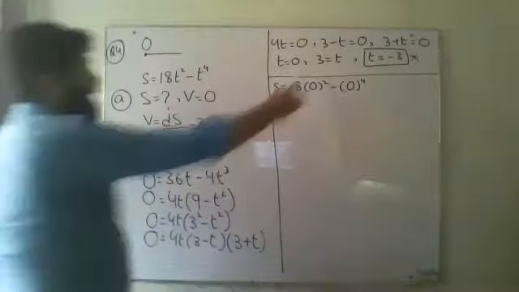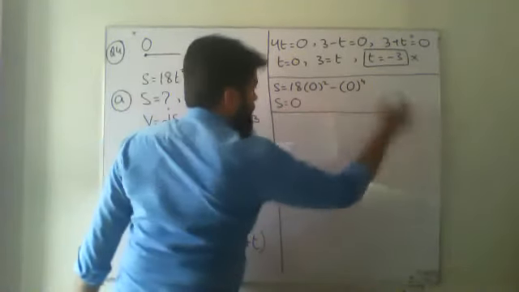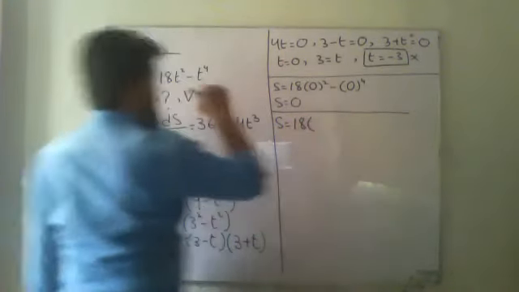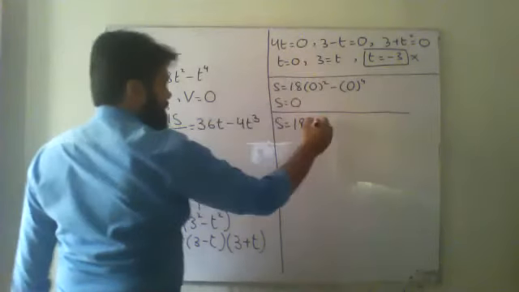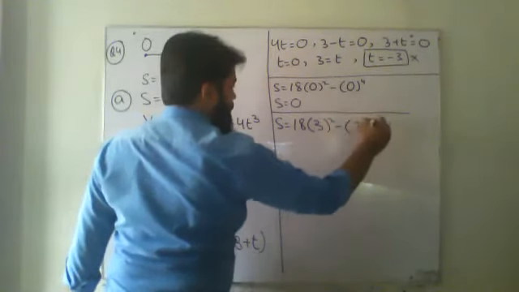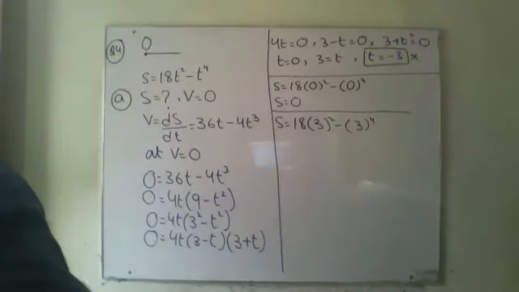Secondly, for t equals 3, S equals 18 times 3 squared minus 3 to the power 4. You can use a calculator and you will get your answer.